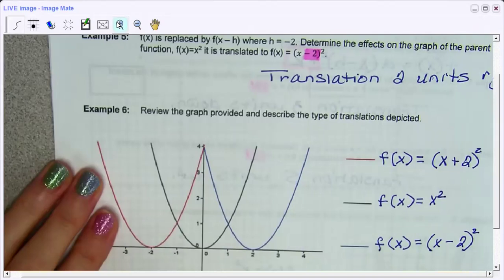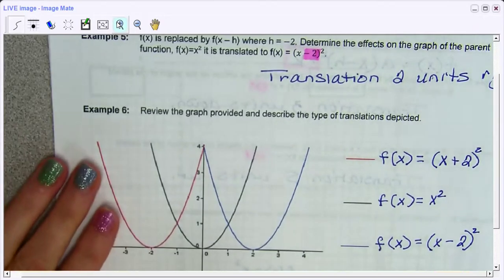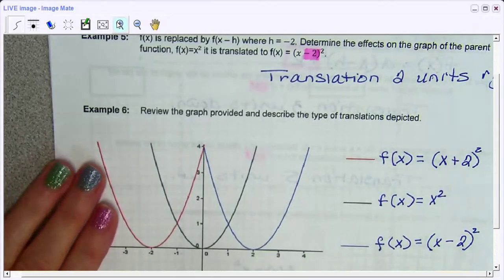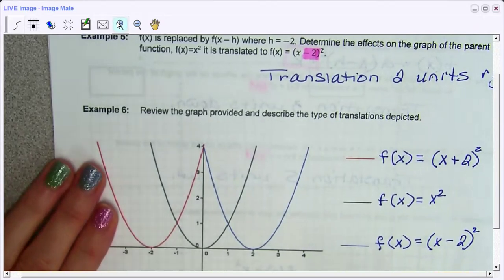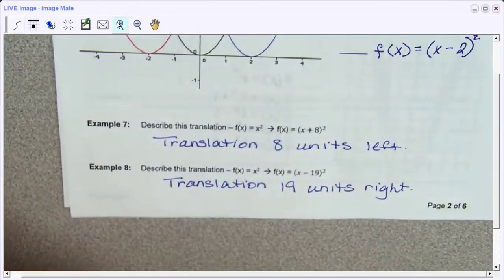And you do have to write translation on this because I don't know if you're referring to 8 like a reflection, or a compression or a stretch. Go ahead and check that. And then we're going to move on to page 3.